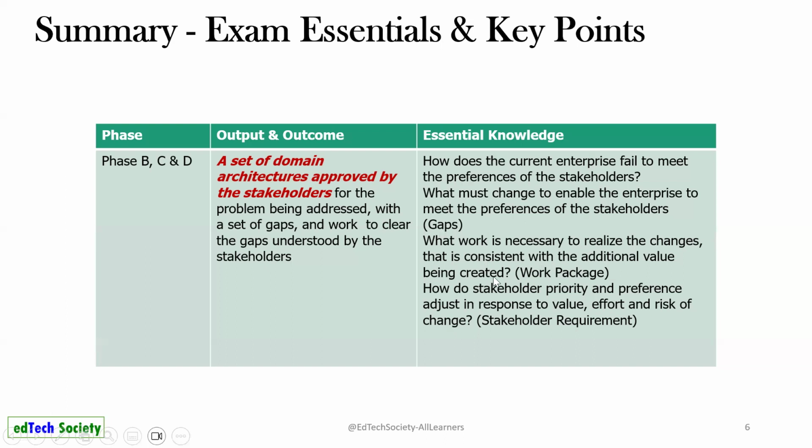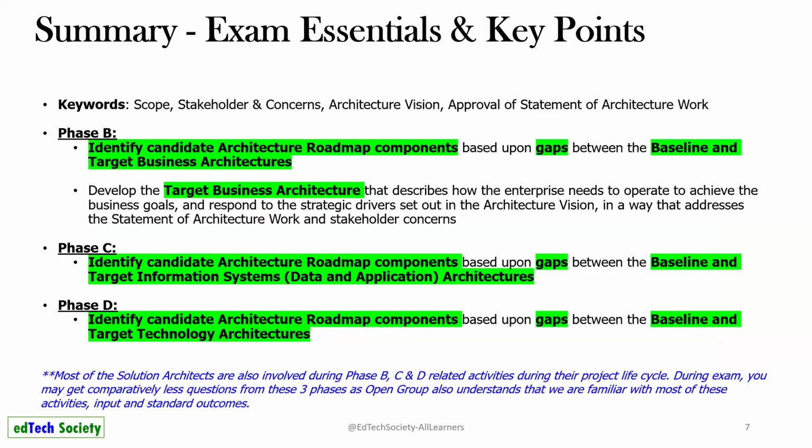So the gaps and work packages are also important keywords, but you might encounter similar keywords in upcoming phases E and F. That's why we didn't highlight them, because candidates get confused during the exam. The best way to remember this section is that it talks about phases B, C, D through the phrase "a set of domain architectures approved by the stakeholders." Please try to remember this, and it should help you crack the exam.